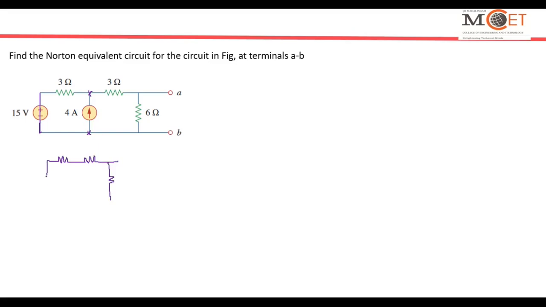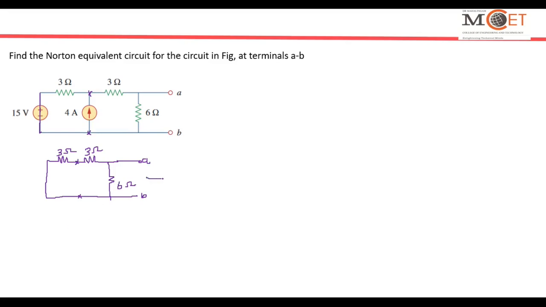I short this, open that, open the current source. So I will get A, B, this is 6 ohm, this is 3 ohm and this is another 3 ohm. These points I just opened, so it is left empty. So now these two are in series, totally 6 ohm, and this series combination is in parallel with this.